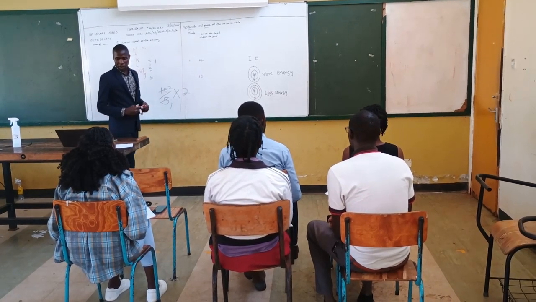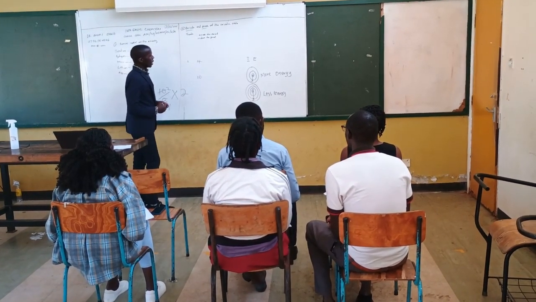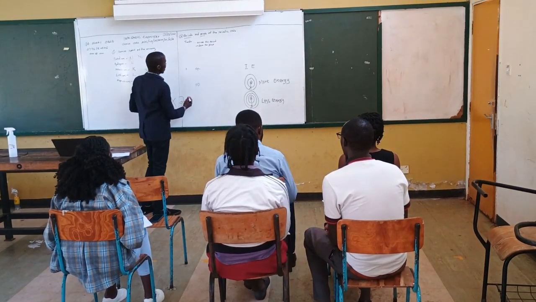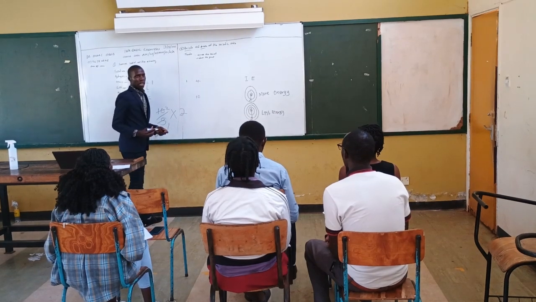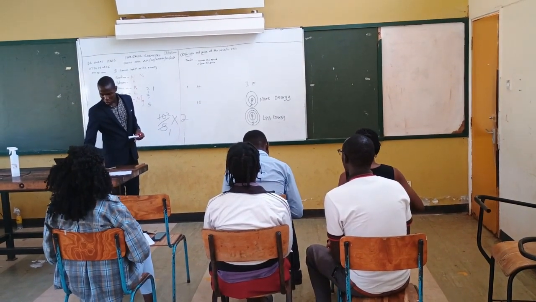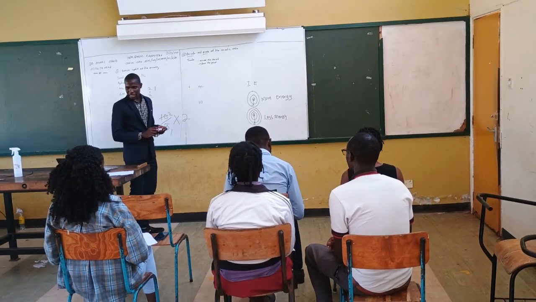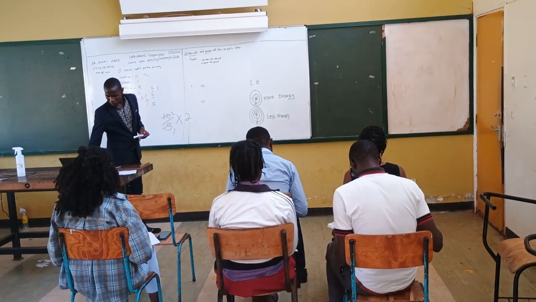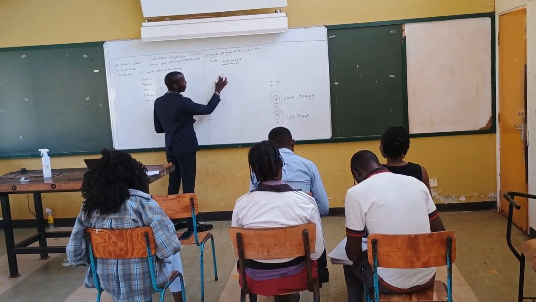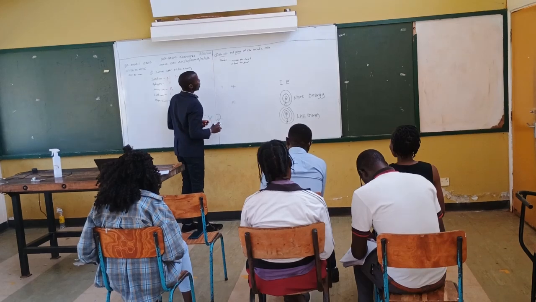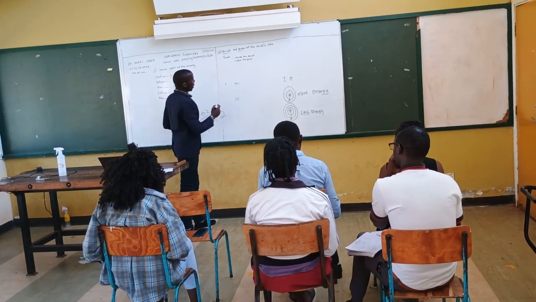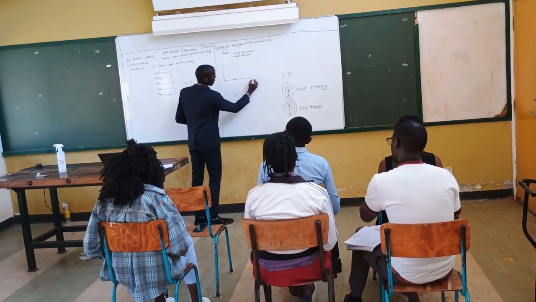Because of time, in our next class we are going to continue with the same trends, and we're going to study electronegativity. Then we're also going to look at the metallic character. In our next class, what happens to the electronegativity of elements down the group and across the period.